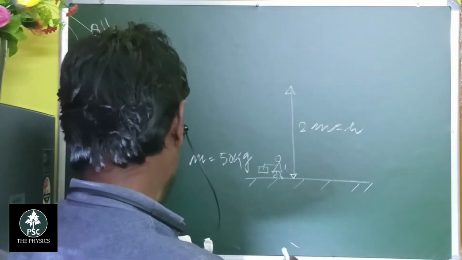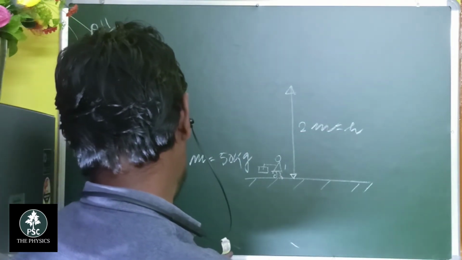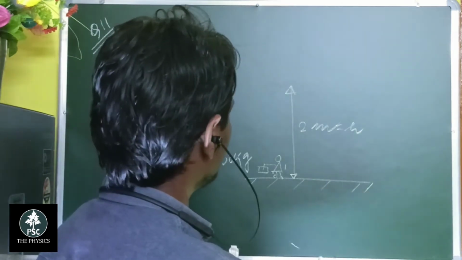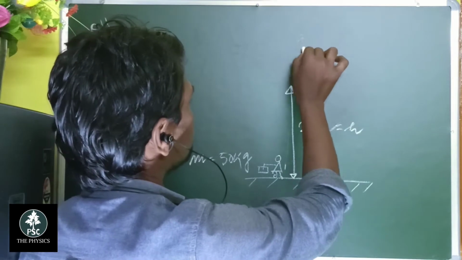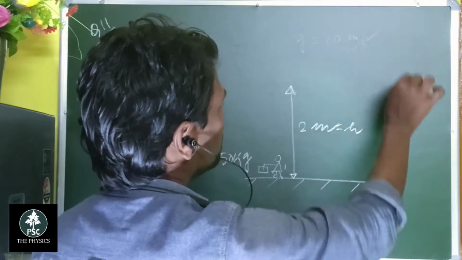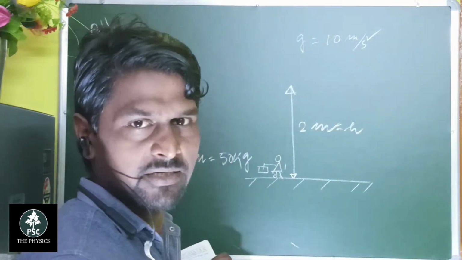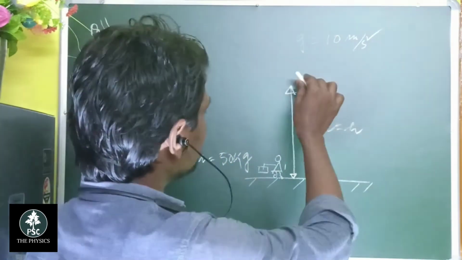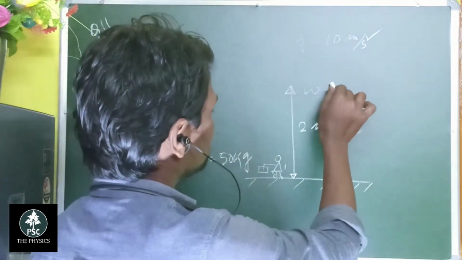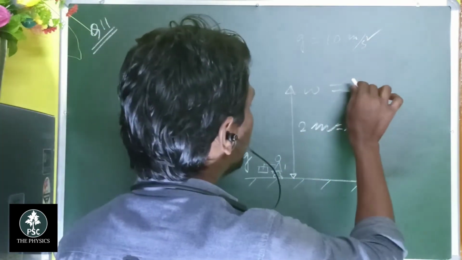And the value of g, you can take any one of them: 10 meter per second square or 9.8 meter per second square. Students, you have to calculate the work done, and work is equal to mgh.